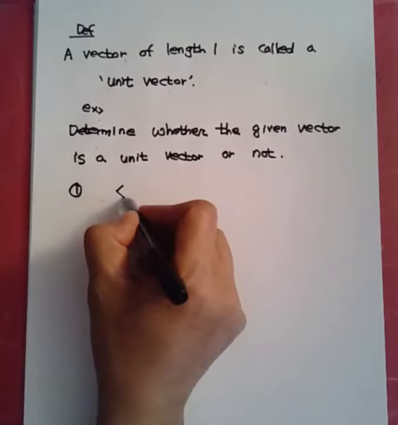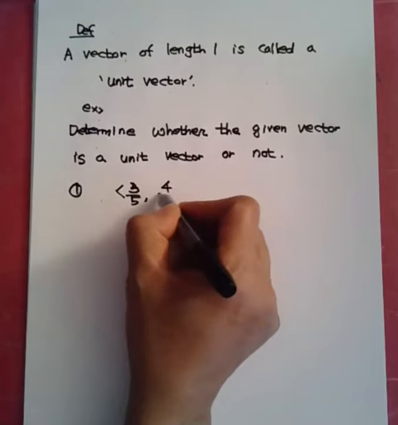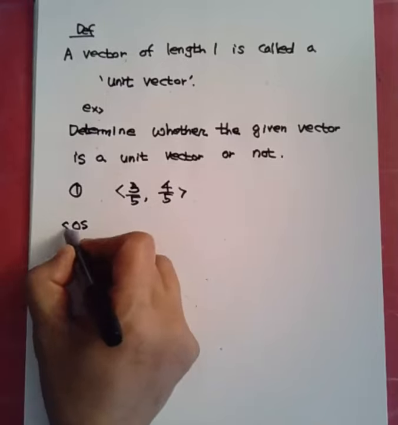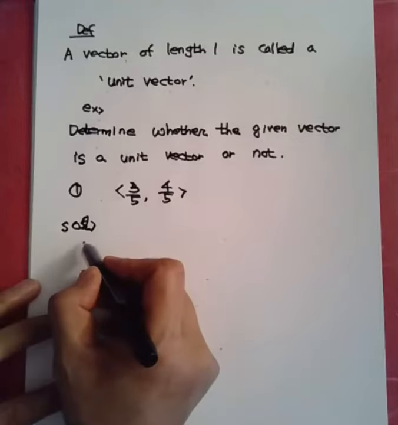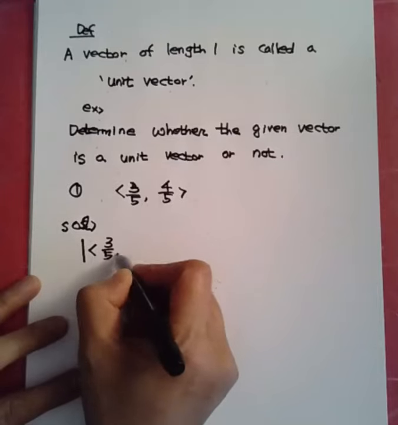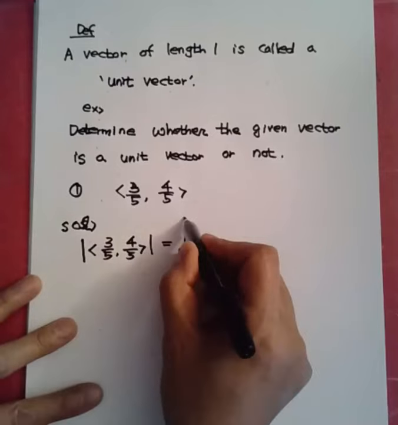The first vector is 3 over 5 and 4 over 5. A unit vector is about the length of the vector, so we have to figure out the magnitude of the given vector. We use the Pythagorean formula to do that.